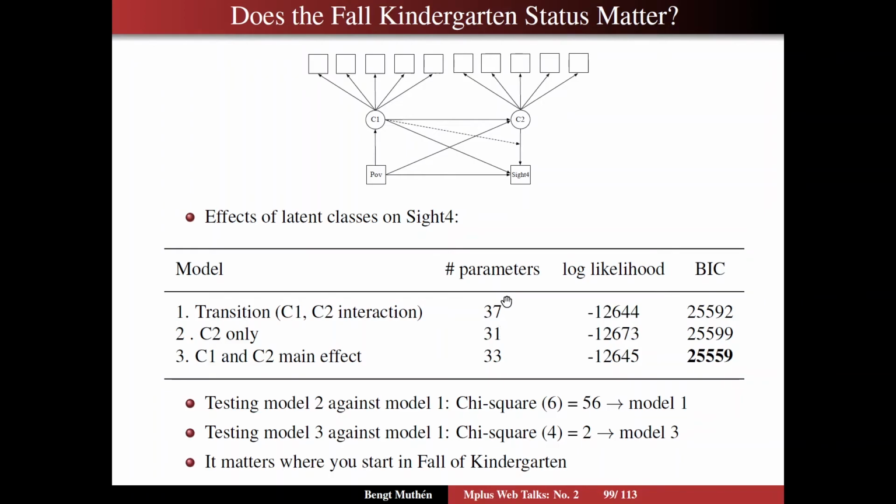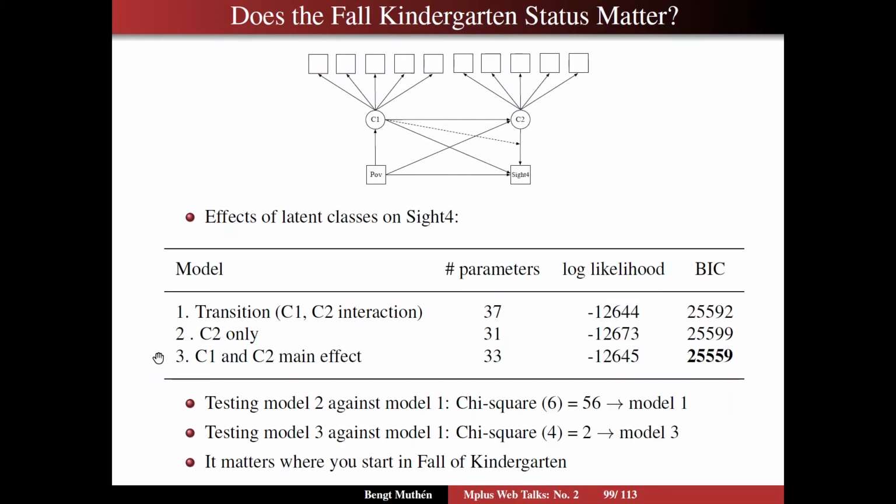So that's the difference in number of parameters here. And that gives you a considerably worse log likelihood and a worse BIC. And you can actually then test model 2 against model 1. Chi-square with 6 degrees of freedom, 56. So you would reject that model in favor of model 1. So it's not only the ending status that's important, it's having to do with what happened before then also.